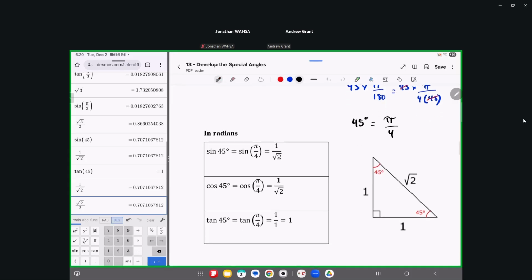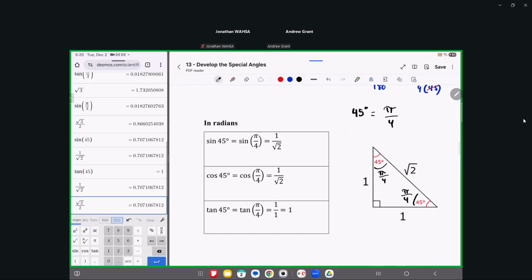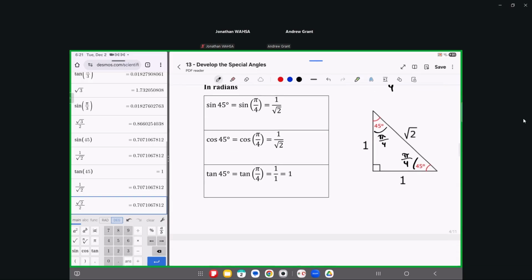And so knowing this, these 45 degrees become pi over 4. And from here, the exact same exercise plays out where we can evaluate sine of pi over 4, cosine of pi over 4, or tan of pi over 4 as the corresponding ratios that we talked about earlier. This triangle is easier to work with, but that's why we start with the more difficult one first.